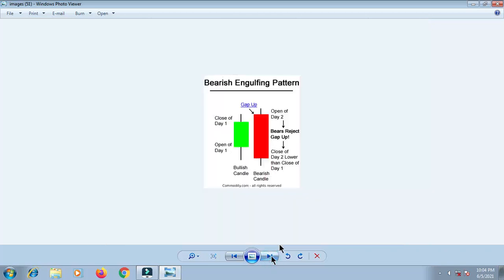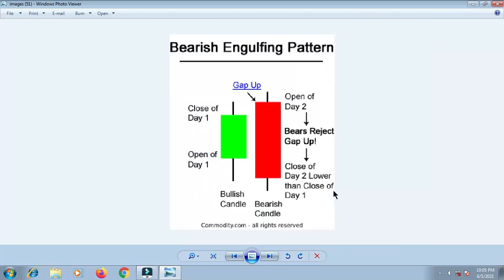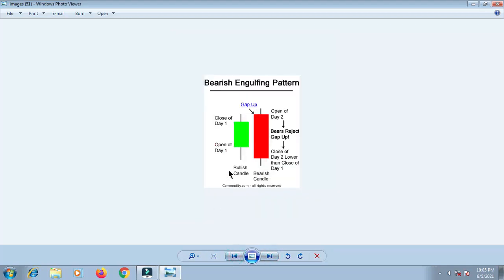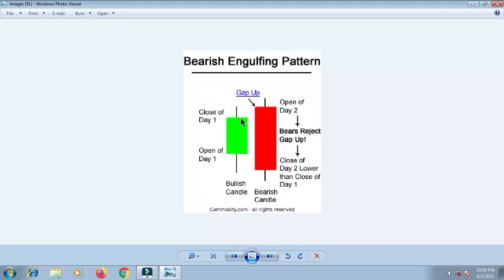Same way for the bearish engulfing pattern. Earlier it happened in a downtrend, so this will happen in an uptrend. Same thing: a bullish candle, and the next day a gap up. Suppose it was at 100 and opened higher, at 103. Then there was a gap of 3 points. Then it came down, a big red bearish candle, and it closed below the low of the previous day candle.